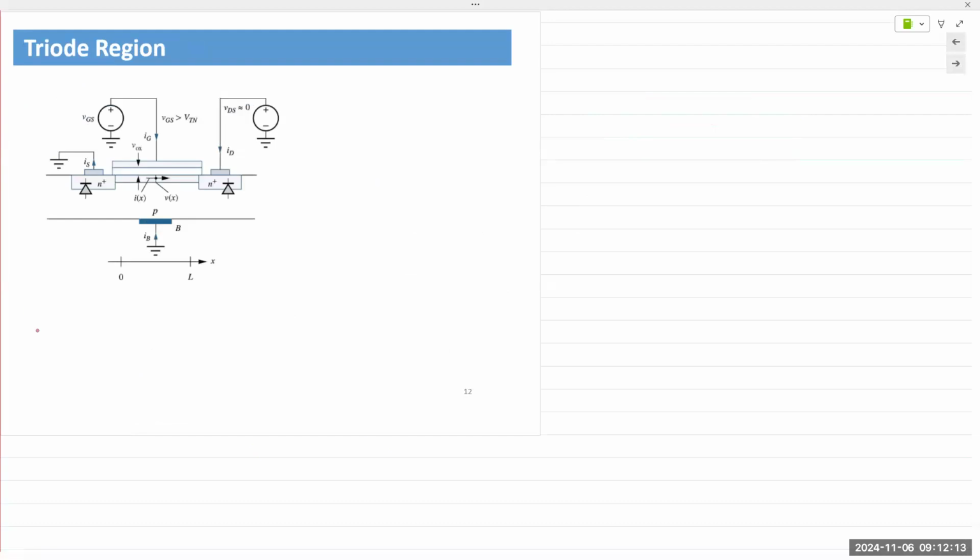So when the channel is established in the MOSFET, which is right here, that's the channel. Now, if we apply a voltage between the drain and the source, we expect current to flow through because there is a pathway that connects both the source and the drain.